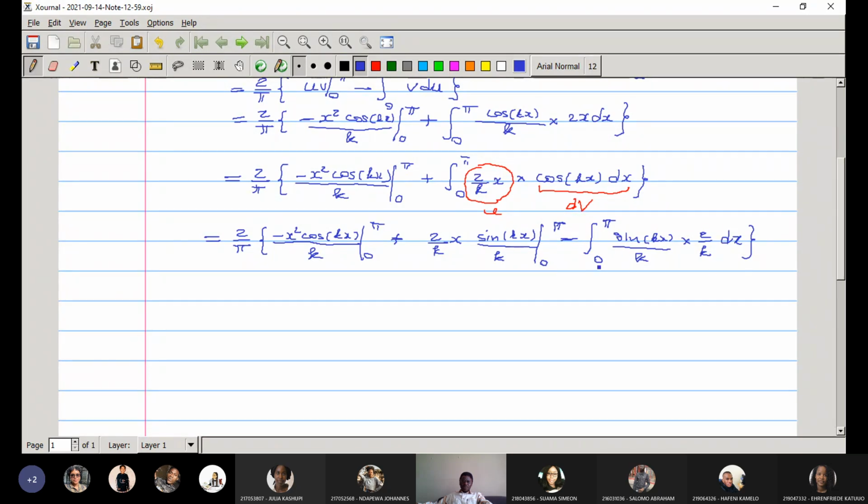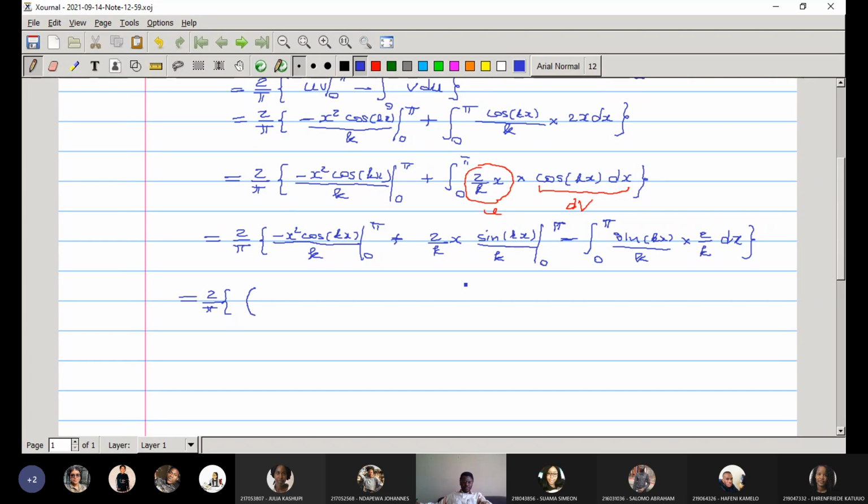You see that we are left with a single integral, right? So let's rewrite this. So this will be equal to 2 by pi. Okay, so we can collect all these and put together in parentheses.